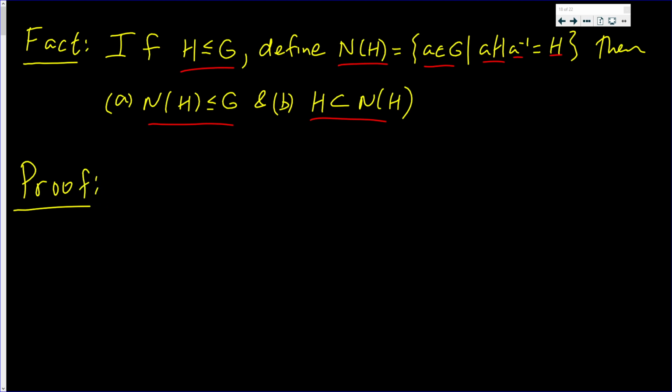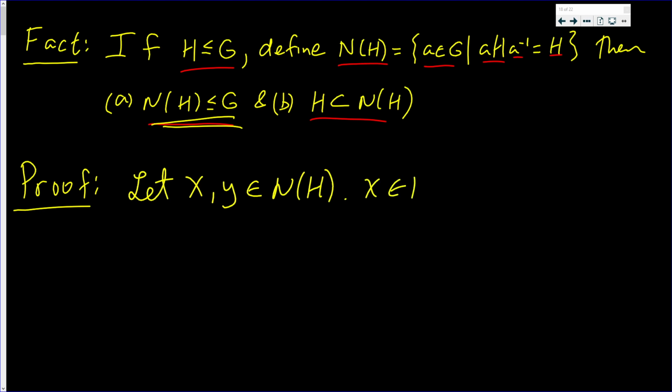We prove mathematical facts. Okay, so to show that N of H is in fact a subgroup of G, we need to show closure and inverses. So let X and Y be in N of H. Well, what does that mean?